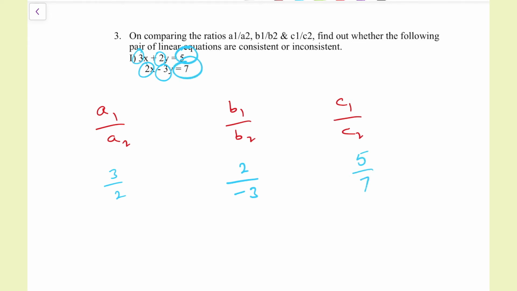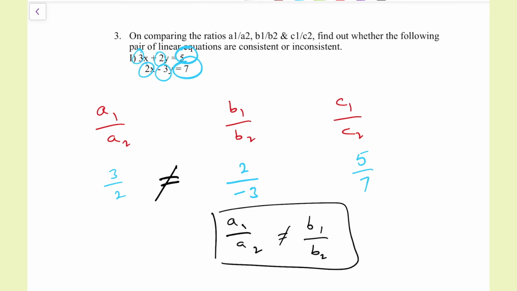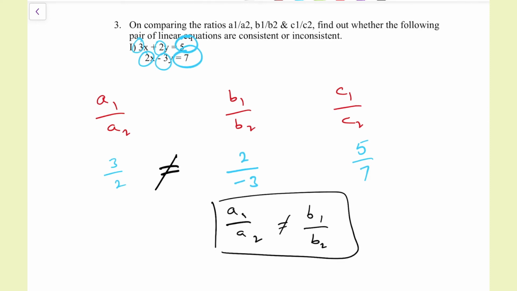Clearly 3 by 2 is not equal to 2 by minus 3, so a1 by a2 is not equal to b1 by b2. There is no need of comparing c1 by c2. So these are intersecting lines, which means one solution will be there. So consistent pair.